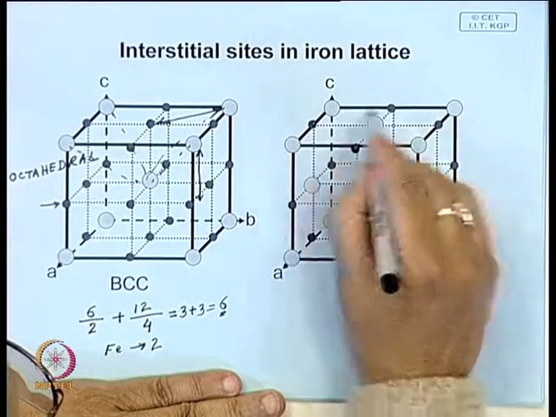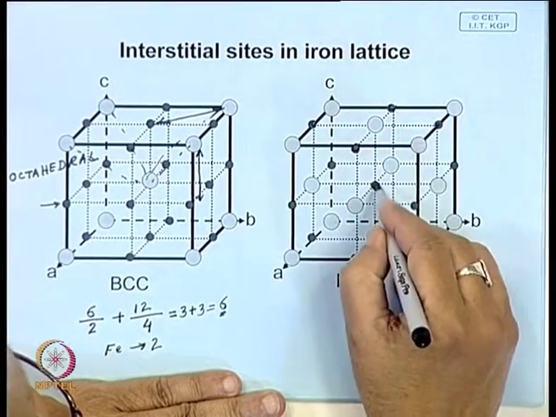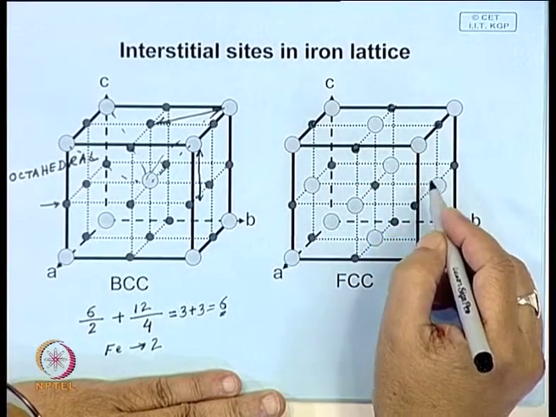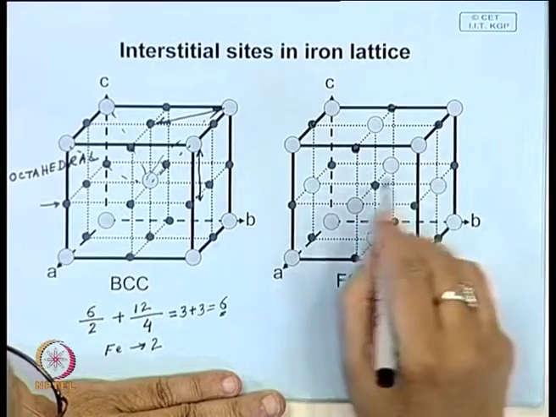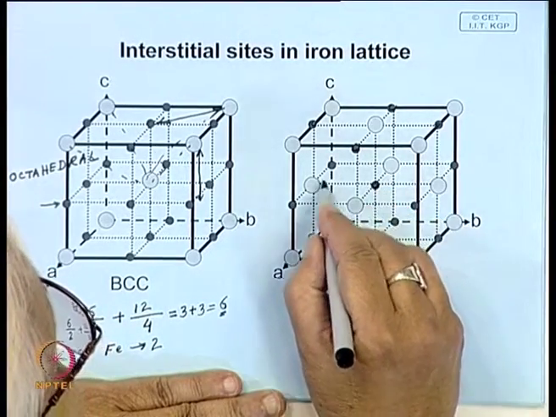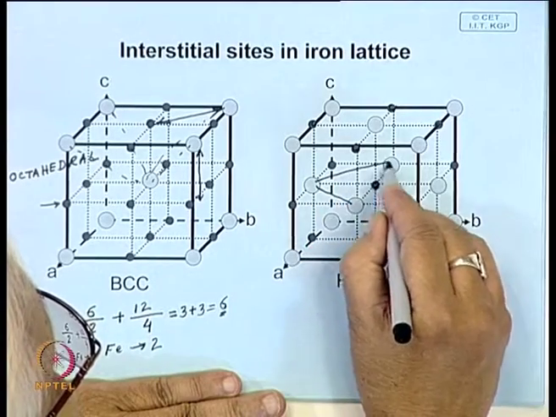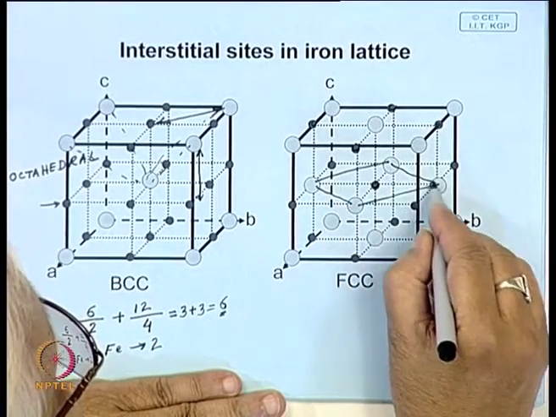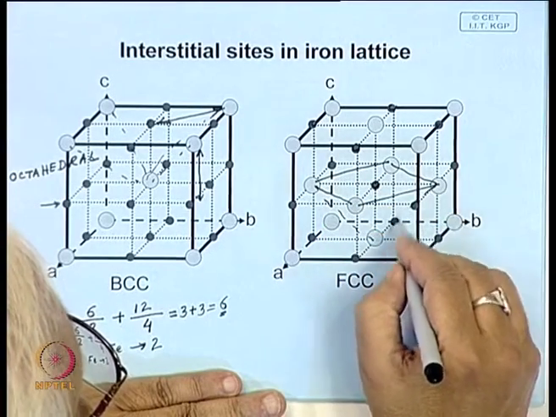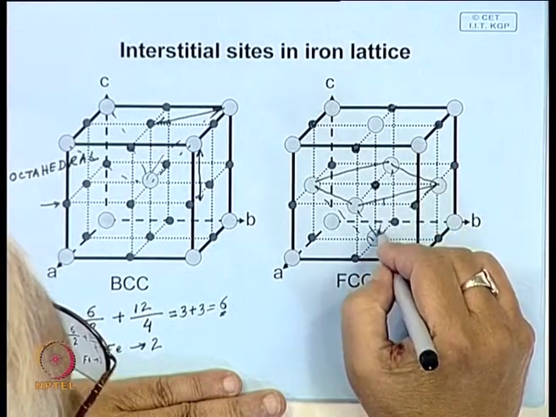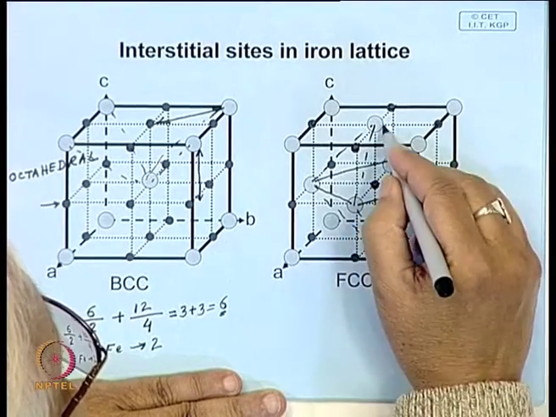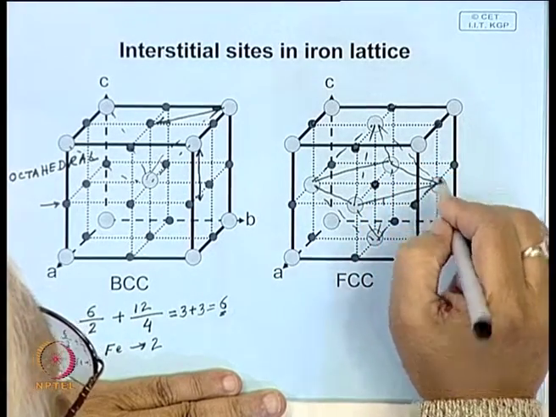whereas if you look at the face centered cubic structure, here also these are called octahedral sites, which are the center of the edges. And here if you try and join and make this octahedron, you look at this, this is the center of that octahedron, you can join, and similarly you can join this, you get an octahedron.